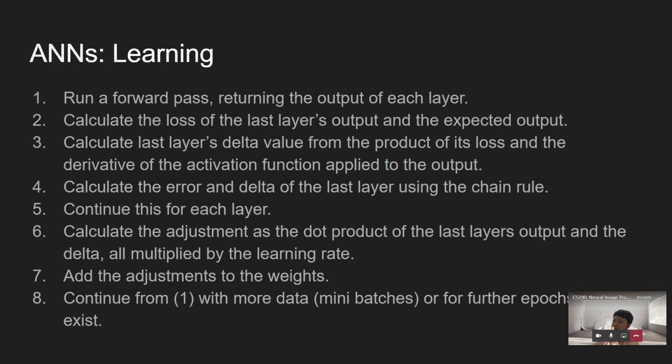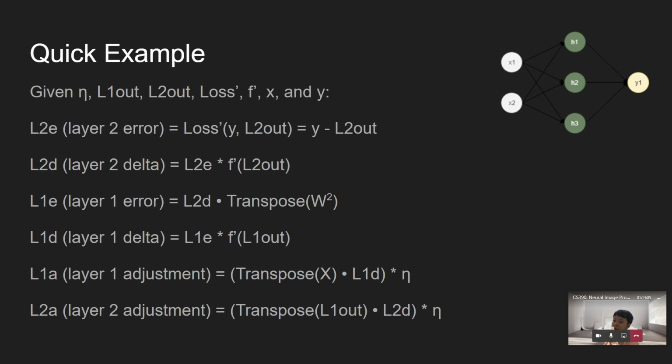It's this idea of starting at the end of our network, getting the error and the delta there, using the chain rule to then get the error and delta of this layer, and doing that over and over again so we can get these adjustments. The goal is to get these adjustment values so that we can change our weights and improve our neural net.